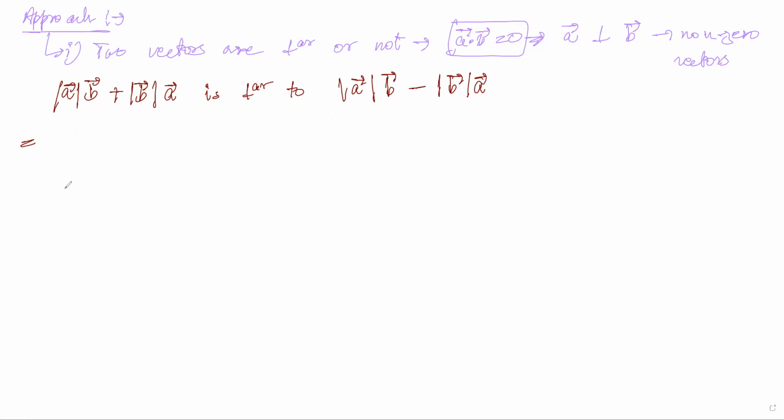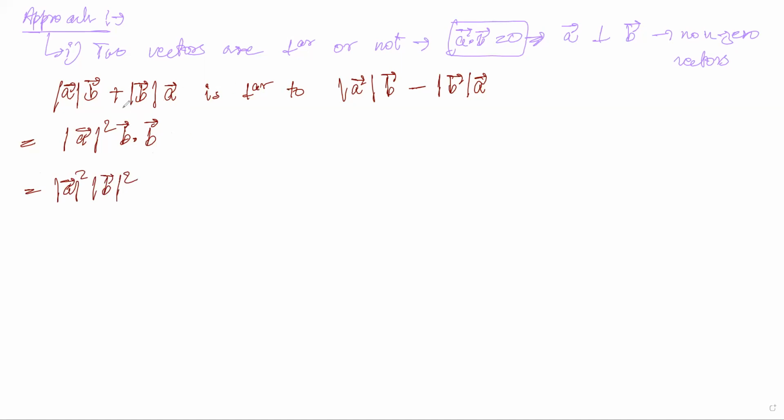Mod A square into B dot B. Now, what is the value of B dot B? Mod B square. So it becomes mod A square into mod B square.